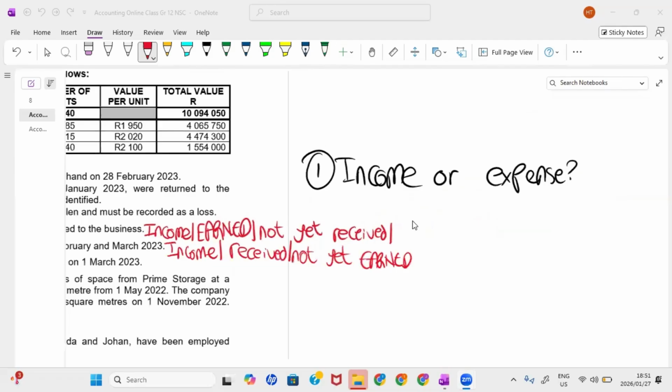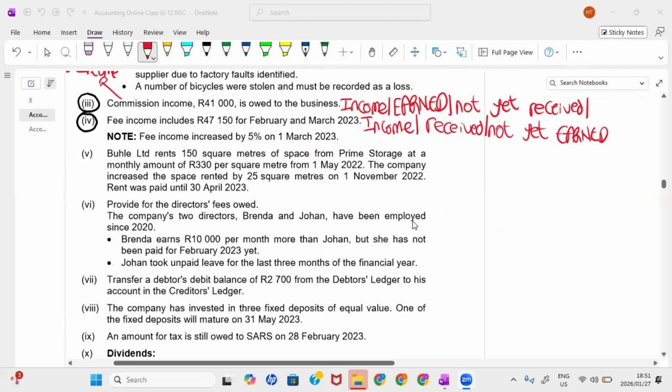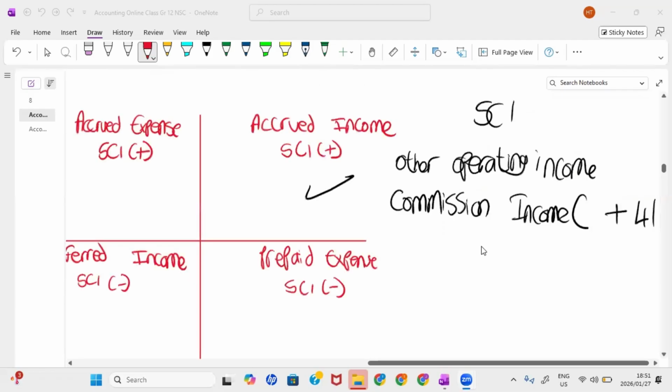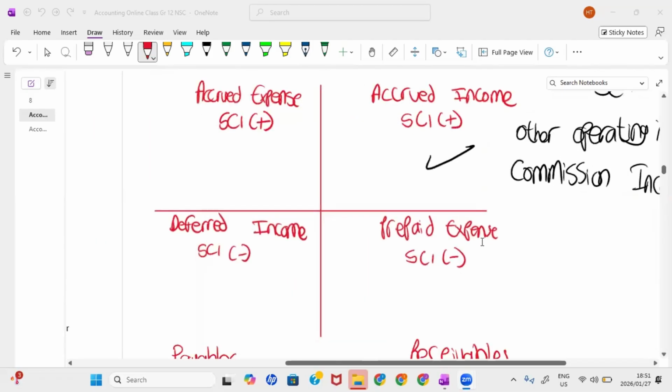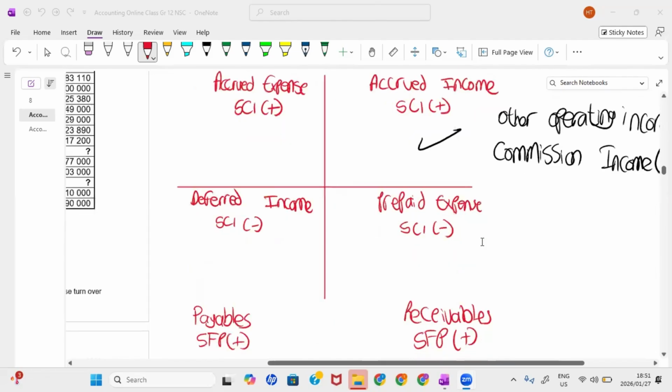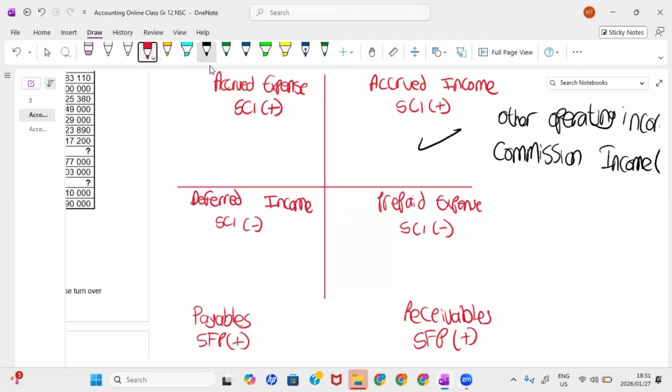So we have determined that it's deferred income. So we go to our block here, and we know we are dealing with deferred income.